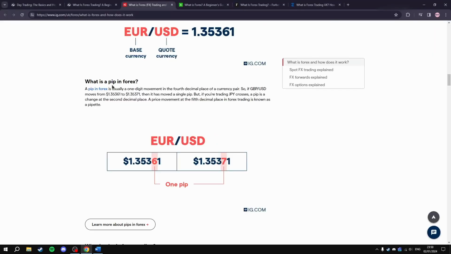So if GBP/USD moves from 1.3536 to 1.3537, then it has moved a single pip. But if you're trading JPY crosses, a pip is a change in the second decimal place.